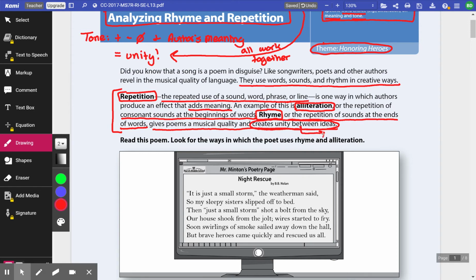I want you to make sure that you know that everything is connected and works together. It's important that we know that everything is put in a text for a reason, and it's all there to make connections and work together and create unity and meaning and tone.